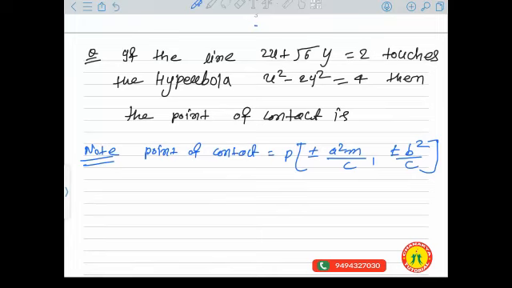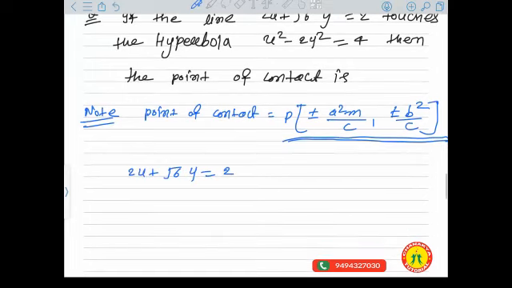अगर आप इस क्वेश्चन को आप ऐसे भी कर सकते हैं, point of contact, if you remember this formula, point of contact is nothing but plus minus A square m by c, plus minus B square by c. So if you apply this formula, the given line 2x plus root 6y equal to 2 is the tangent line.